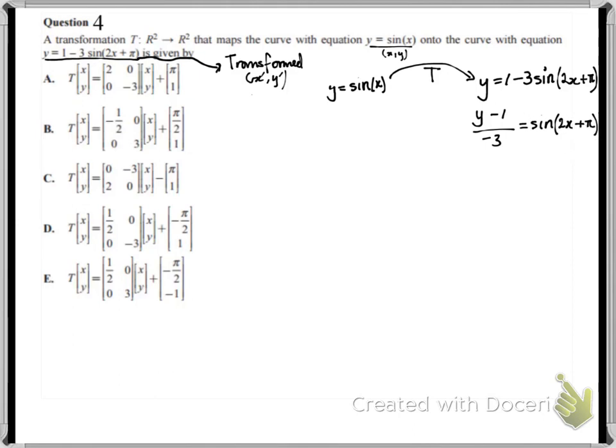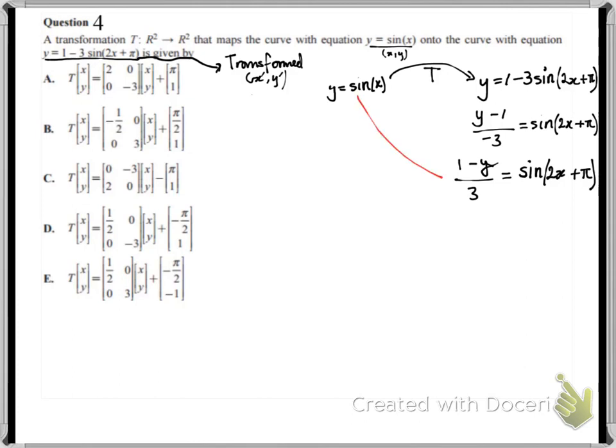So by subtracting 1 and dividing by -3, it gives us this. Okay, make sure dividing by that negative, you redistribute the negative into both terms in the numerator.